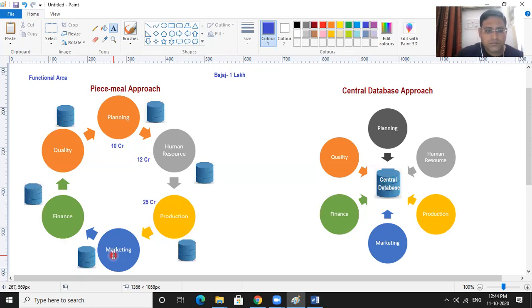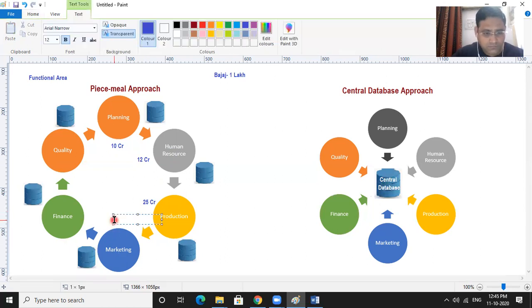It is not just about manufacturing 1 lakh bikes; we have to sell those bikes as well. How will we sell them? That is why we need promotional activity. So 25 crore is not enough. It will take around 30 crore. So they have amended the figure to 30 crore.